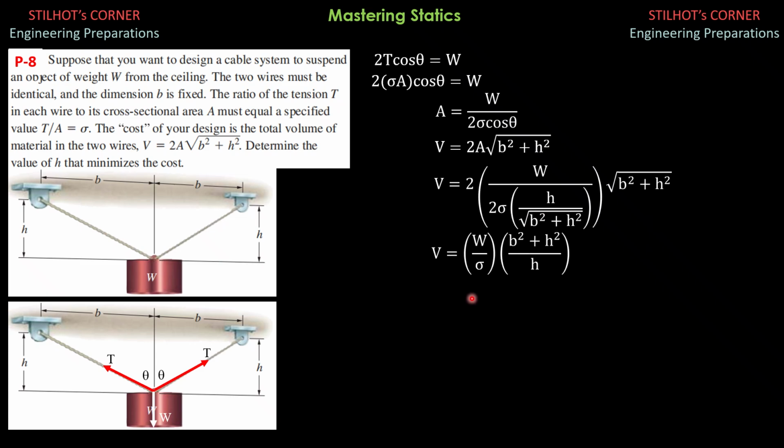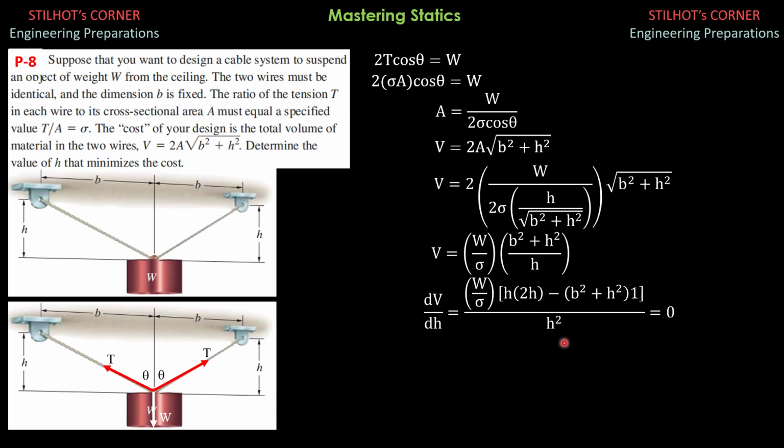We can now differentiate this volume with respect to H. So we have a ratio. The differential of volume with respect to H is equal to W over sigma times the quantity: denominator times derivative of numerator, which is 2H, minus numerator B squared plus H squared times derivative of denominator, 1, all over denominator squared, so all over H squared, equals 0.